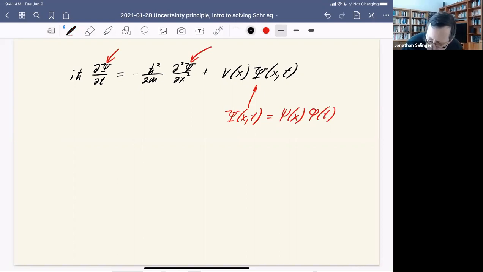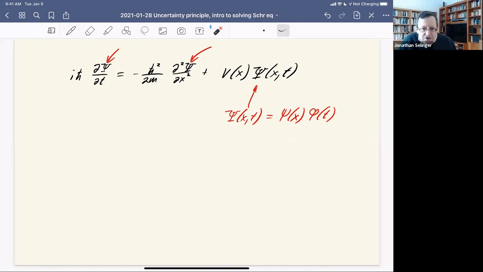Okay, well, let's go term by term. On the left side of the equation, we have a partial derivative with respect to time. Well, if we take the partial derivative with respect to time of a product like this, the psi of x is constant with respect to time.